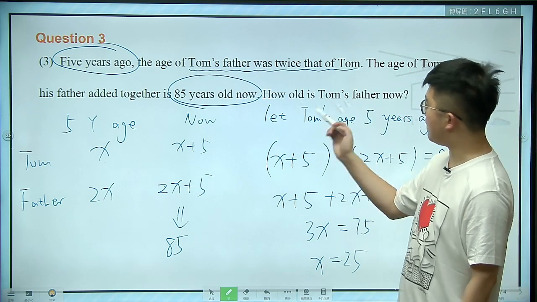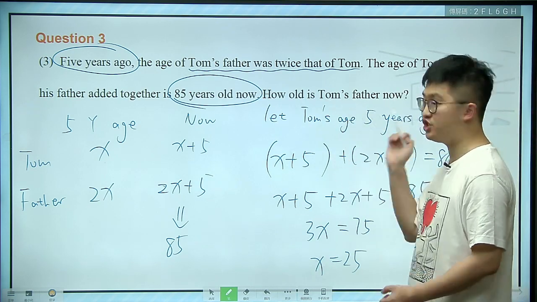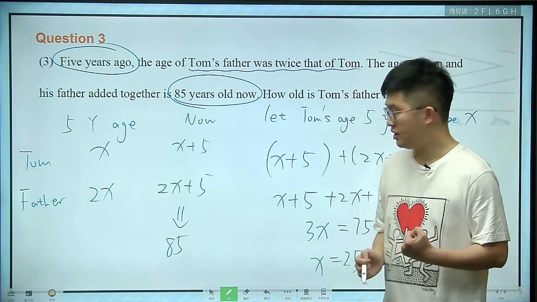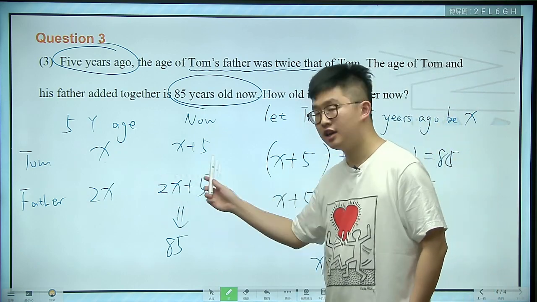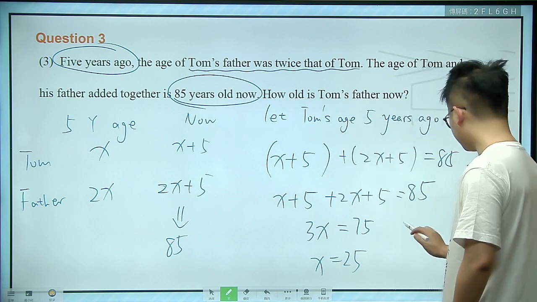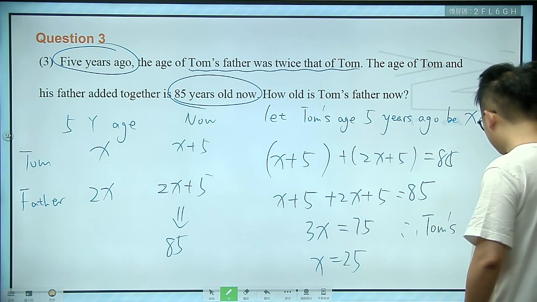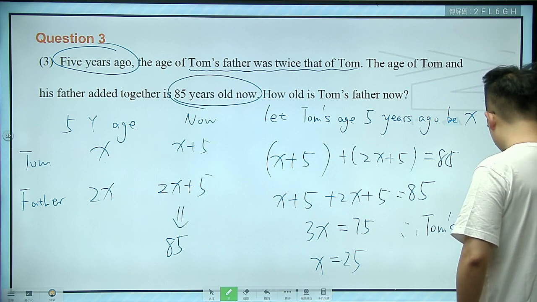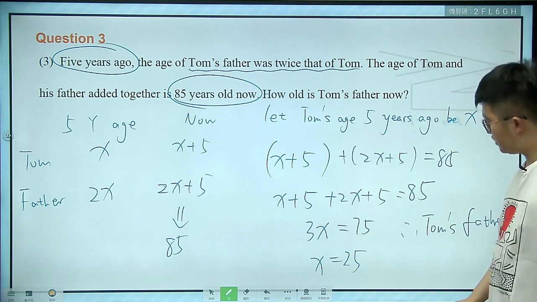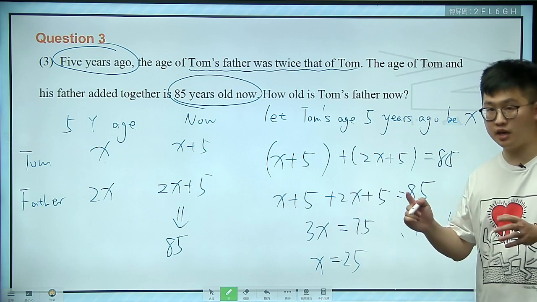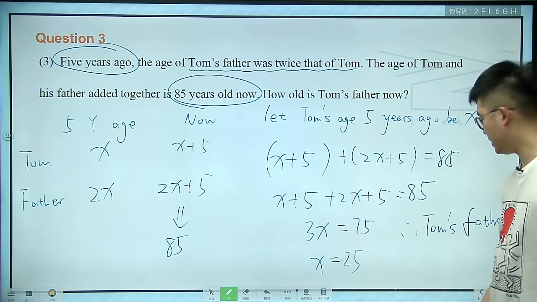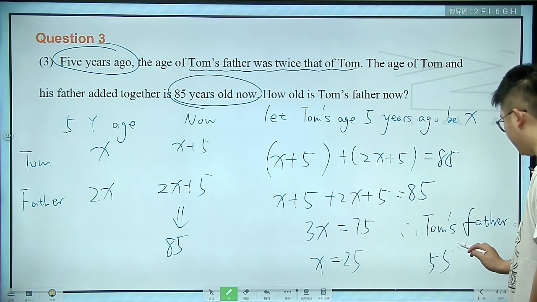The question asks about Tom's father's age now, so that is 2x plus 5. Tom's father should be 2 times 25 plus 5. So it should be 55 years old.